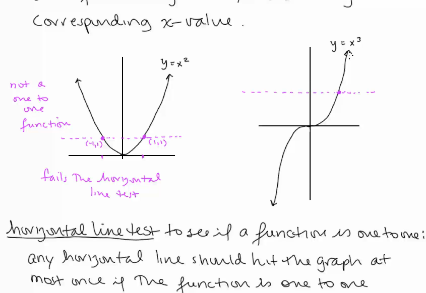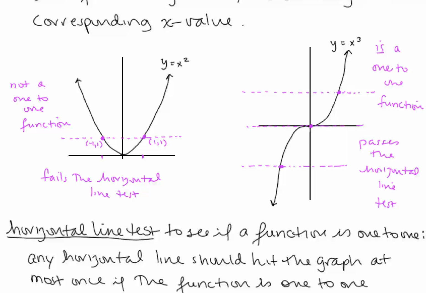But notice for y equals x to the third, any horizontal line is going to hit the graph at most once. Even our x-axis, y equals 0, hits only at the origin. So y equals x to the third is a one-to-one function. It passes the horizontal line test.